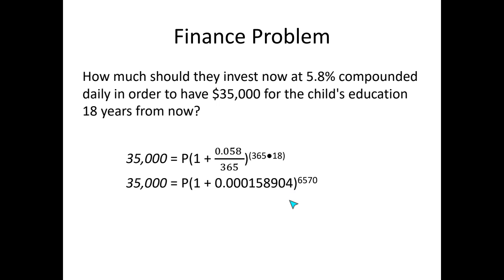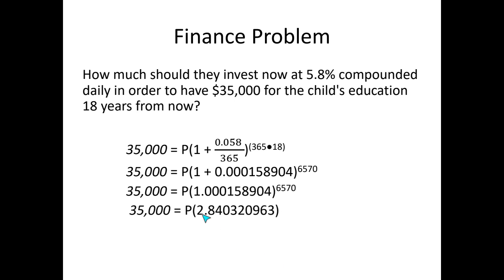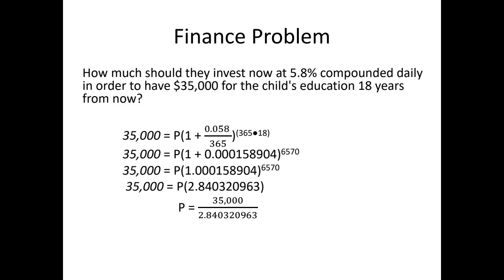Usually if you have your calculator, you can just see them there and go to the next step. So like here, I would just press +1, and then I would raise that to 6570. And that comes out to 2.840, and so on. Again, I'm not going to round till the end. I'm going to divide by that number on both sides.